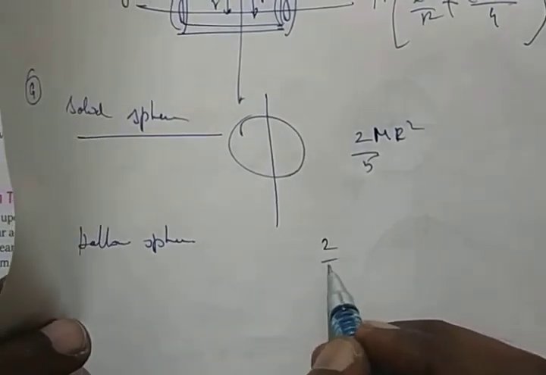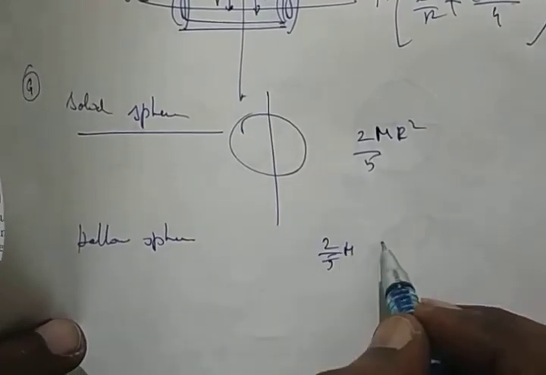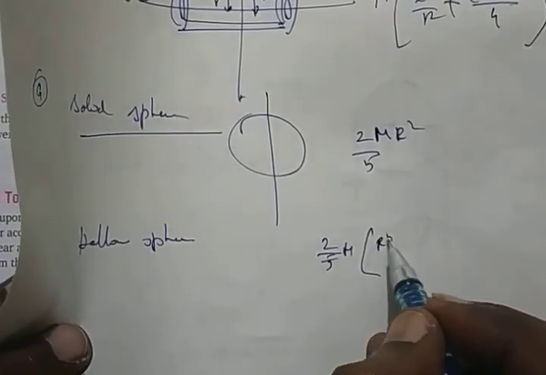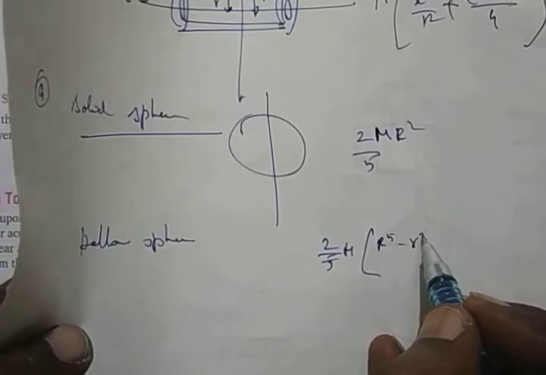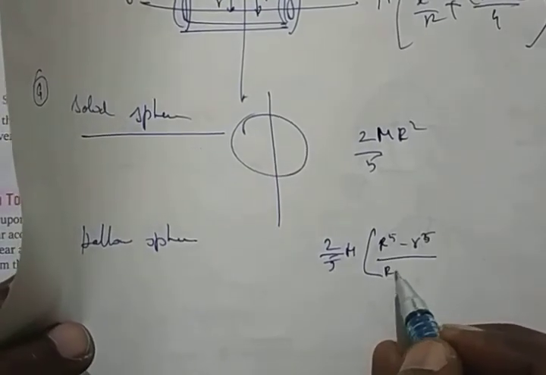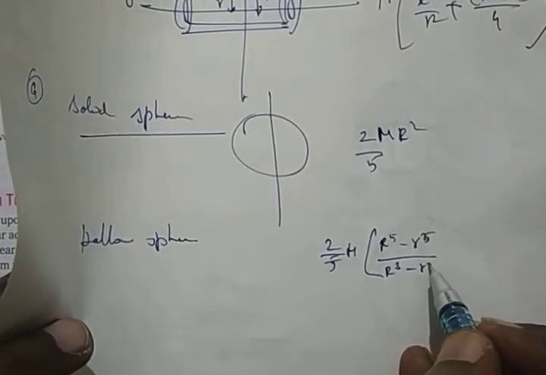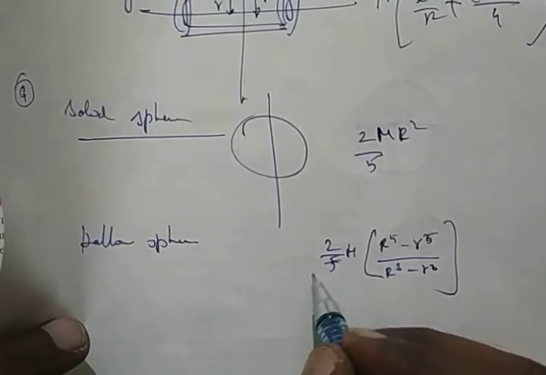So it's going to be 2 by 5 m times (R to the power of 5 minus small r to the power of 5) upon (R cube minus small r cube). So that's the way in which it is.